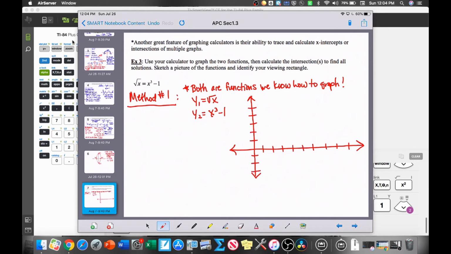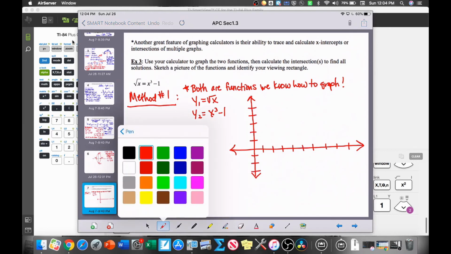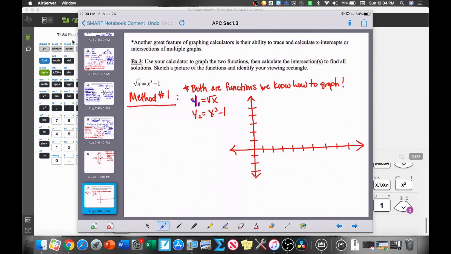All right, so my y1, which I'm going to do the square root of x in blue, has a point at 0, 0, a point at 1, 1, a point at 4, 2, a point at 9, 3. So this is what the square root of x looks like.